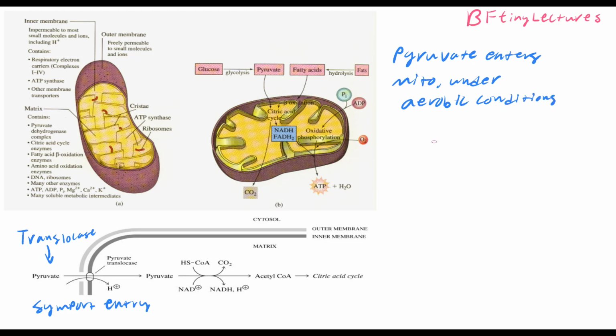So whenever there's oxygen, the pyruvate, which was created from glycolysis, enters the mitochondria via a translocase carrier protein and begins to transform. Now, what does it transform into? Well, before it can enter the citric acid cycle, the pyruvate must be transformed into acetyl-coenzyme A.